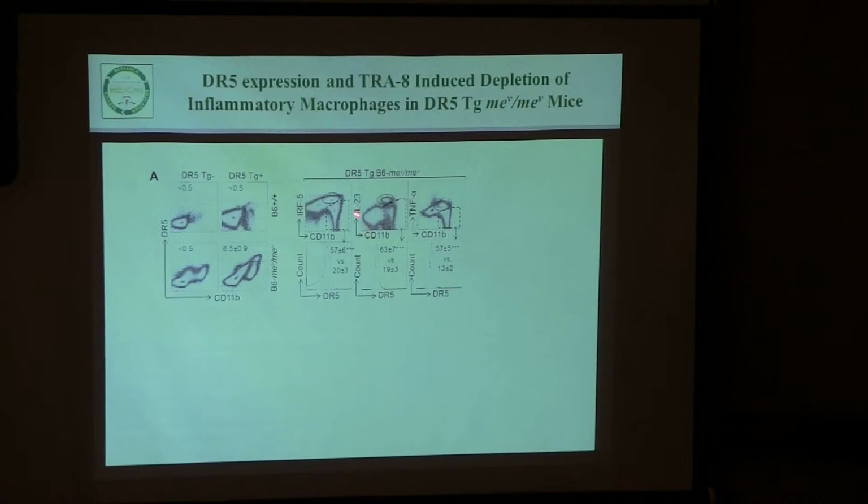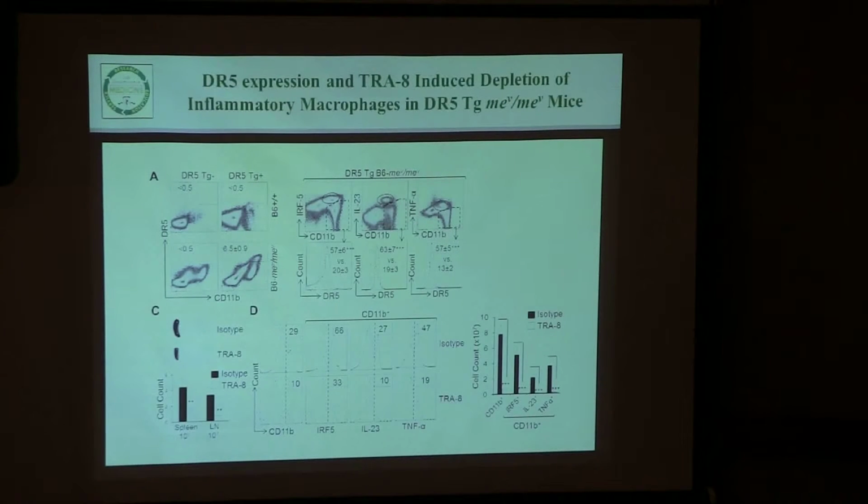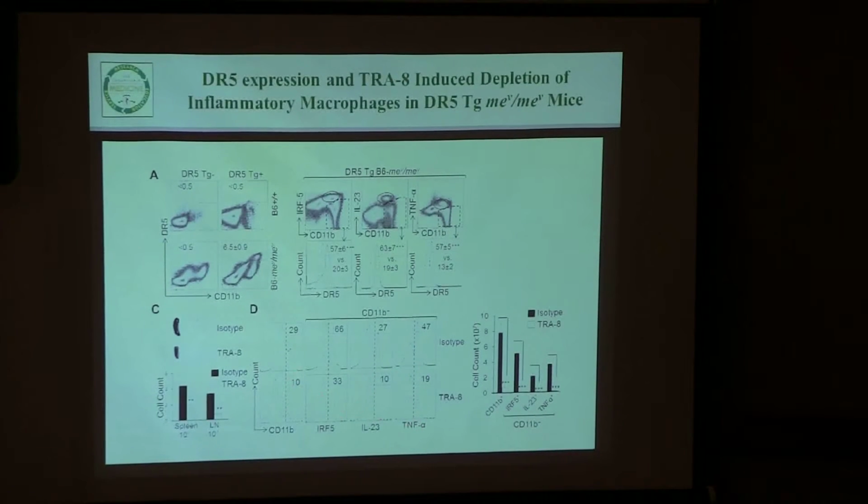And it's also highly correlated with the IL-23 cytokine expression and TNF-alpha. Very interesting, TRIA treatment can almost completely remove the CD11b positive, IL-6 positive, CD11b positive, IL-23 positive, or CD11b positive, TNF-alpha positive M1 macrophage in the draining lymph node of these mice.